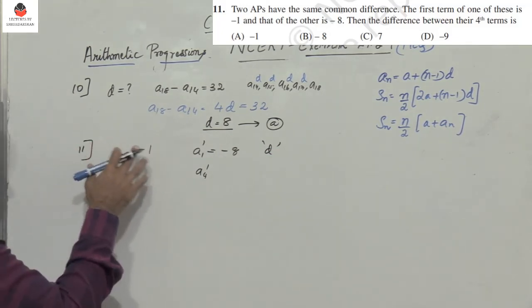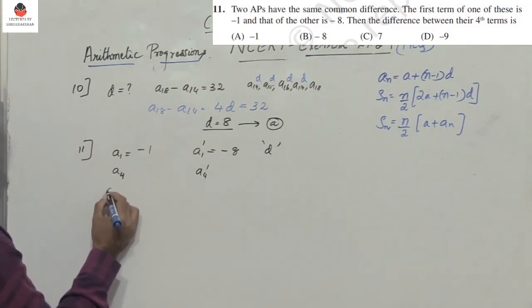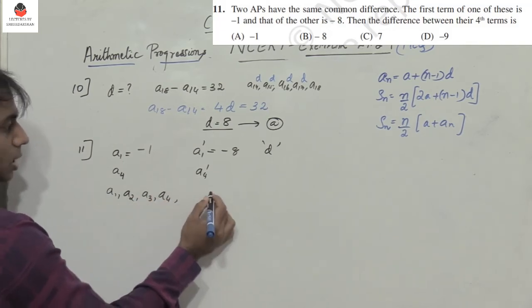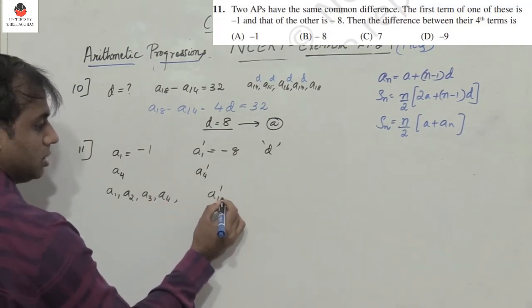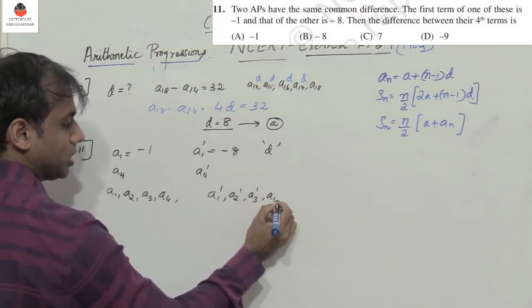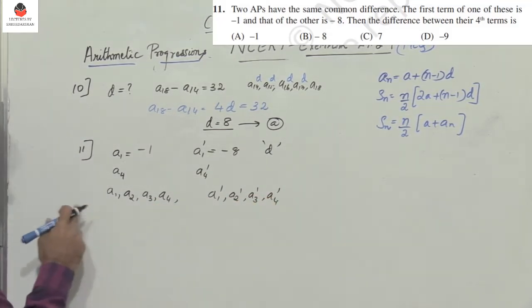So you have one arithmetic progression which is, let's say, A1, A2, A3, A4, and the other arithmetic progression is A1 dash, A2 dash, A3 dash and A4 dash. The common difference is the same for both.